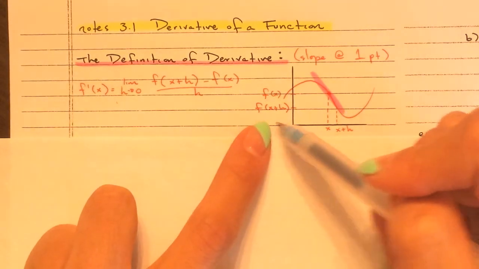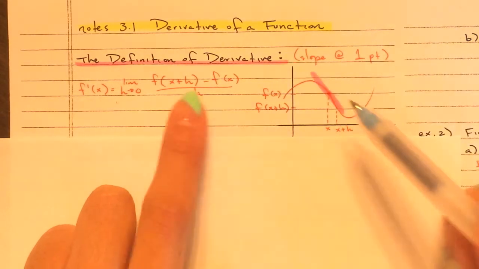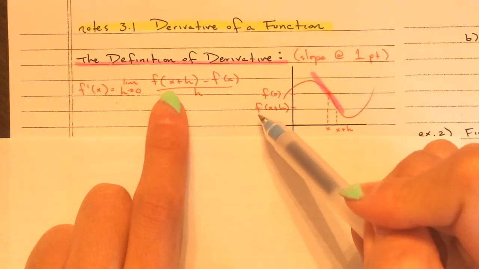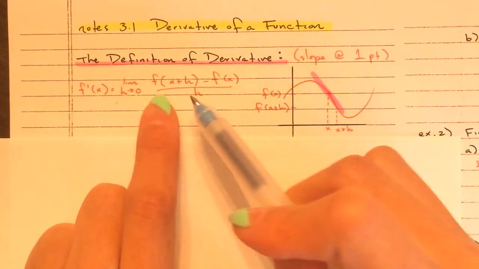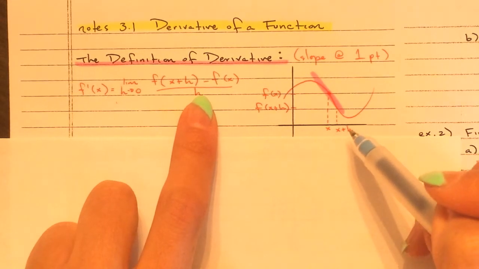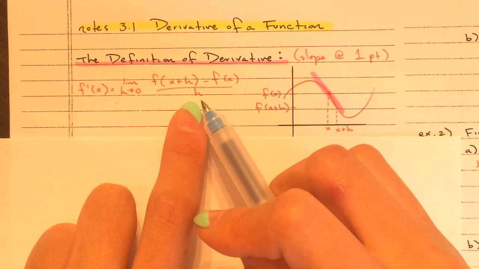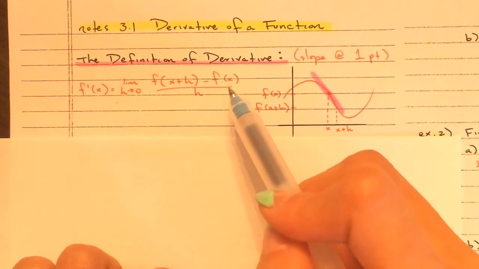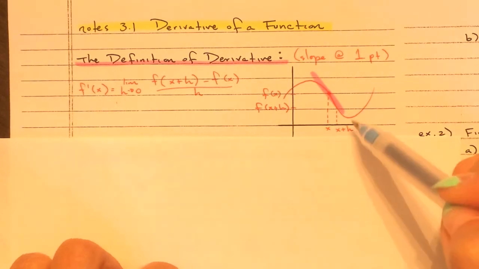If we were doing the slope at 2 points, it would be f of x plus h minus f of x, so y minus y over, and then this minus this. So what's x plus h minus x? It's just h.